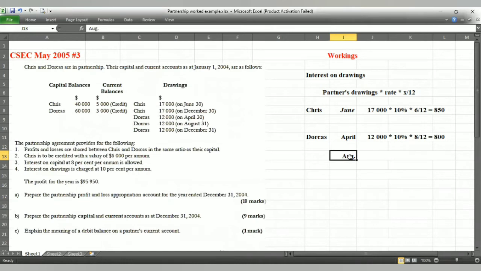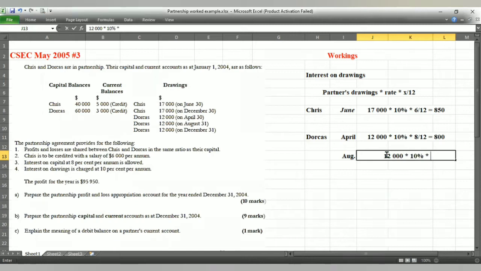This partner took drawings again in August. So we have to do our calculation for the interest to be charged for this amount that was taken at the end of August. So that is 12,000 times the rate of 10% times the period, because we're taking into account the timing.